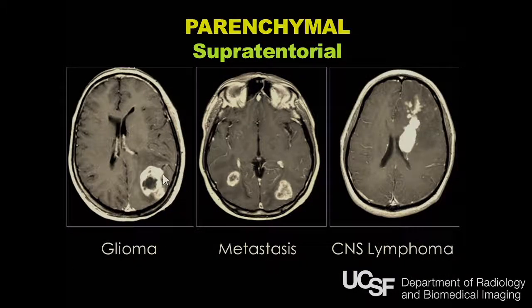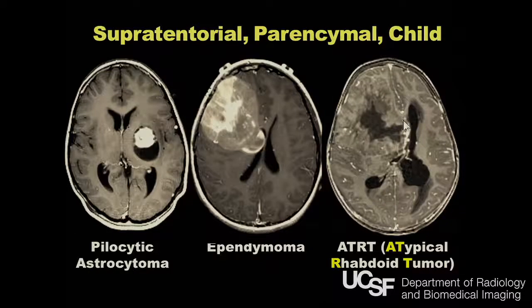And here's an example of a glioblastoma. Here's a renal cell metastasis, all intraparenchymal, and there is that solidly enhancing CNS lymphoma. In a child, the 2 most common intraparenchymal tumors are pilocytic astrocytoma and ependymoma. I'm going to just touch on this tumor, ATRT, atypical teratoid rhabdoid tumor.